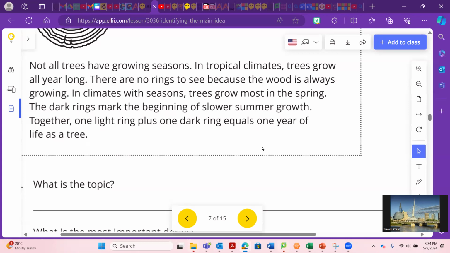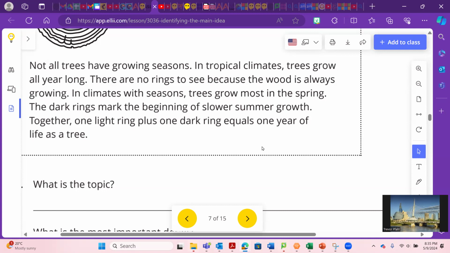Why is he writing this paragraph? Sometimes it's something a little bit different, because that's not mentioned in it. So why was this paragraph written? What's it telling us? On season. Okay, so seasonal.